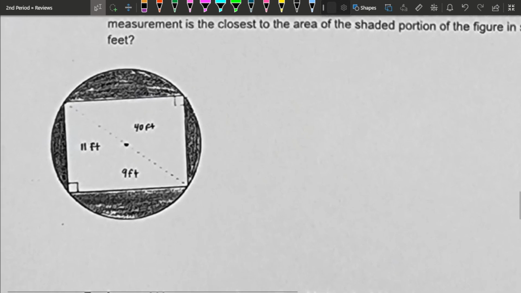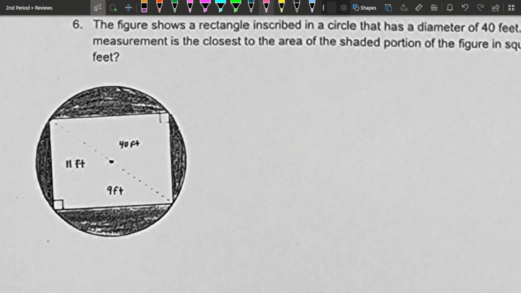We have another composite figure. We're looking for the shaded portion in feet. Only for the shaded. So what 2 shapes do we have? We have a rectangle and what else? A circle.